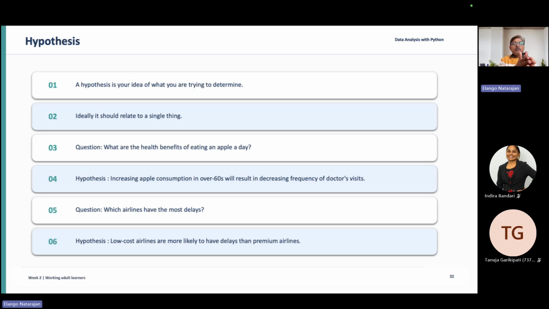Over a period of time, maybe 60 days, you record how many times, I mean, the visiting time, visiting the doctor for each person. So you have data: the first person met the doctor on the first day, 10th day, 20th day, 60th day.